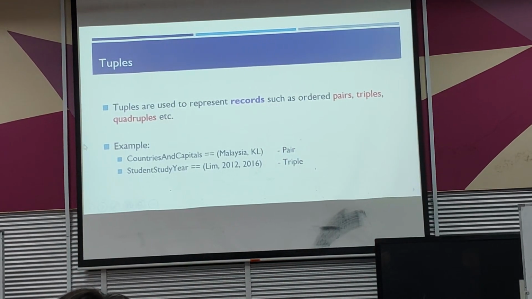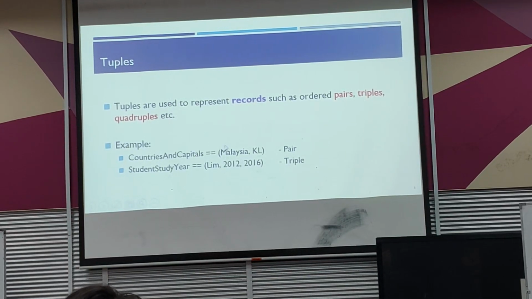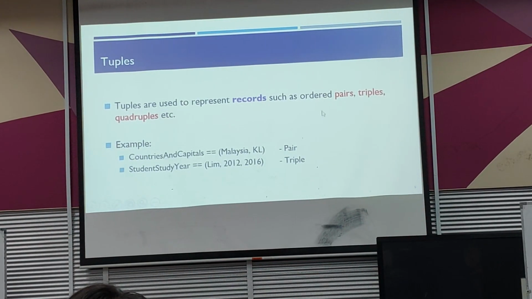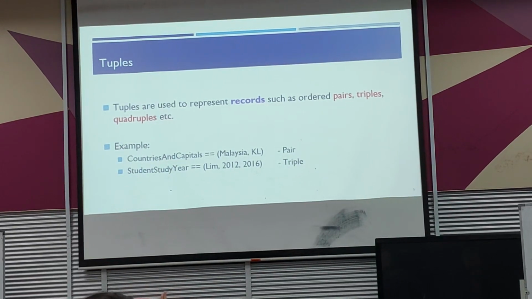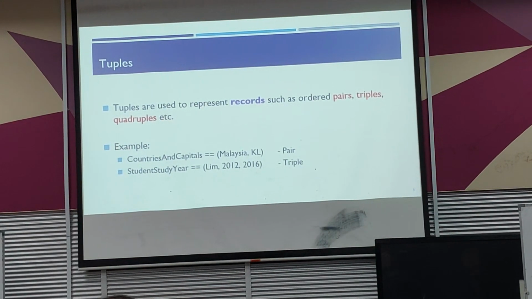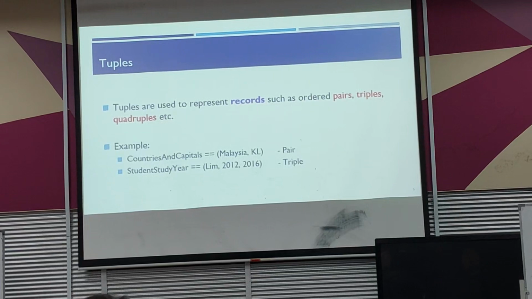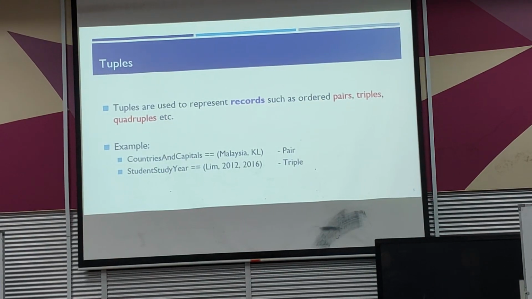Okay, so like I told you just now, tuples, you can have pair, triple, quadruple, and so on. What we mean by pair is you have 2 data only, combined as a record. Triple means 3, quadruple means 4, and so on. So when you call the record, it's actually a combination.